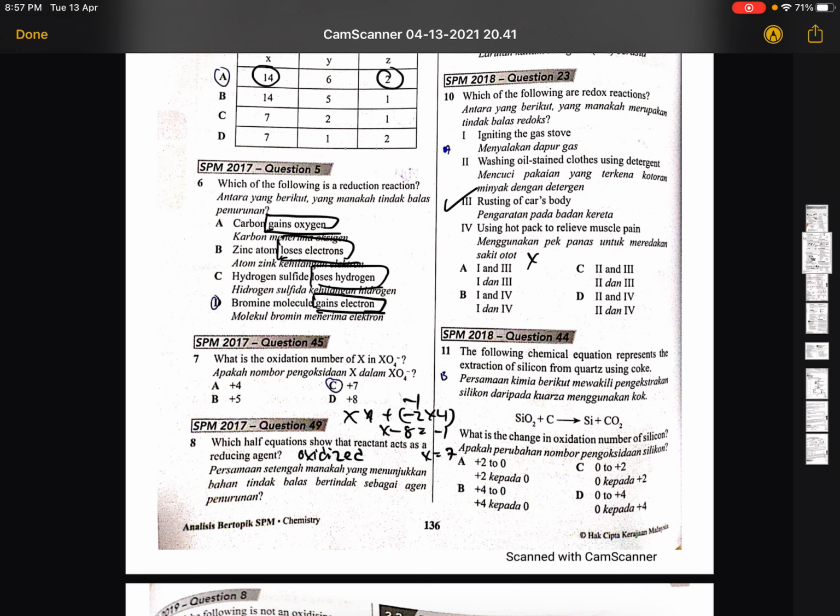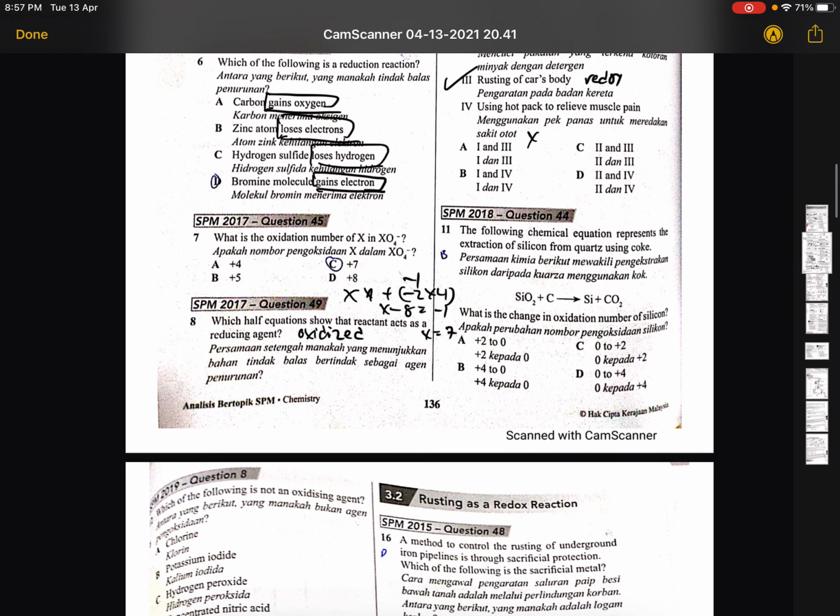The redox reaction comes from the methane in the gas. That's how the fire lights in the first place, and that's how redox happens. So if you don't know, you hear it first. Igniting the gas stove is redox, and anything related to rusting is always redox.